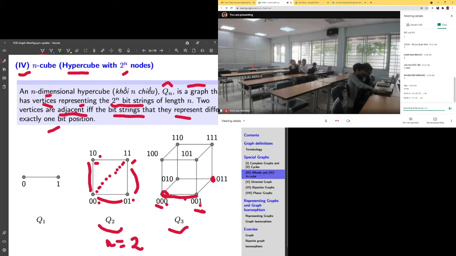That means the last bit provides the gap of number 1. And if you take the sum, you get the number 1. Okay? And you say that the node U here and the node V here have the Hamming distance of exactly 1. Therefore, you can draw an edge like this one. You see?